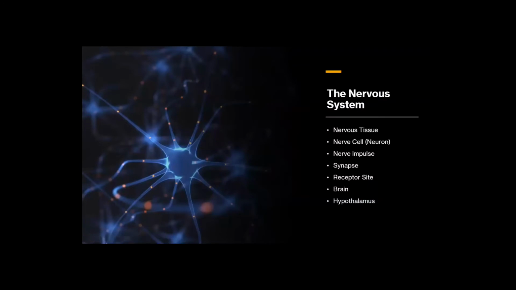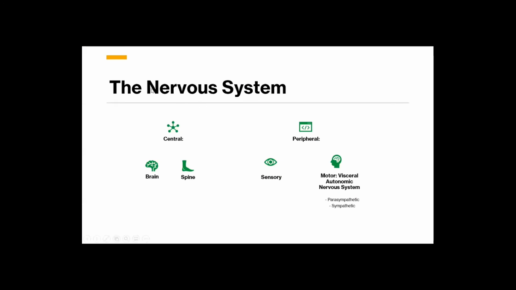So the nervous system is made up of nervous tissue, nerve cells, which we call neurons, nerve impulses, the synapses, the receptor site, the brain, and the hypothalamus. And so when we look at it, the central nervous system, we make up of brain and spine.